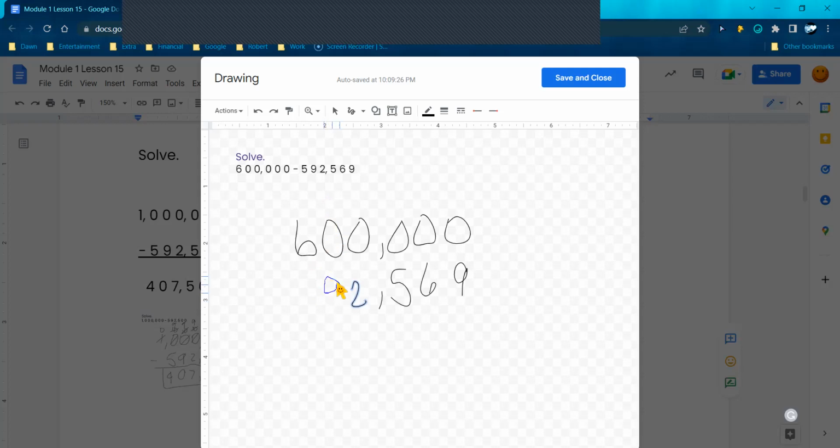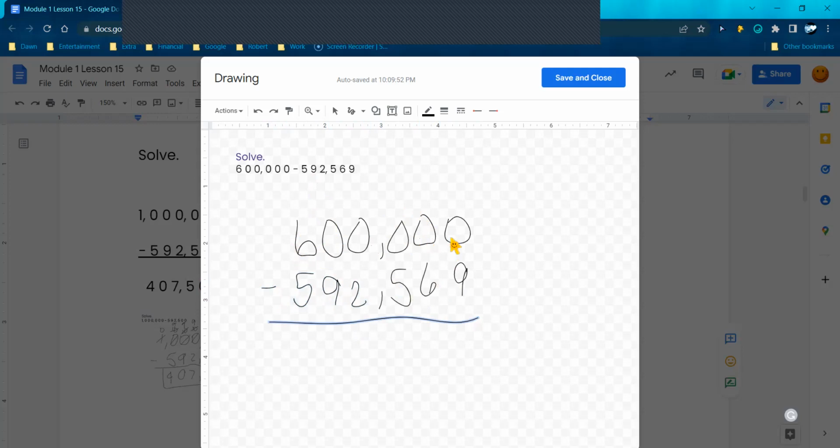Oh, that was a pretty 9. And then underneath my 6 in the 100,000s place, I'm going to write a 5. Remember, I am using my mouse sometimes. It's a little hard, and I get that, but I keep practicing, and I feel like maybe I'm getting a little better. So right here, I'm looking at all my numbers.